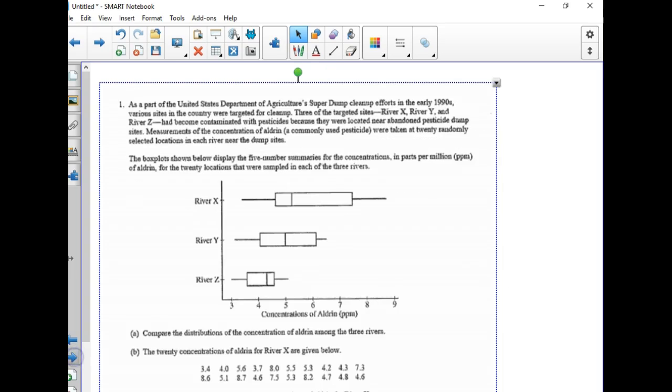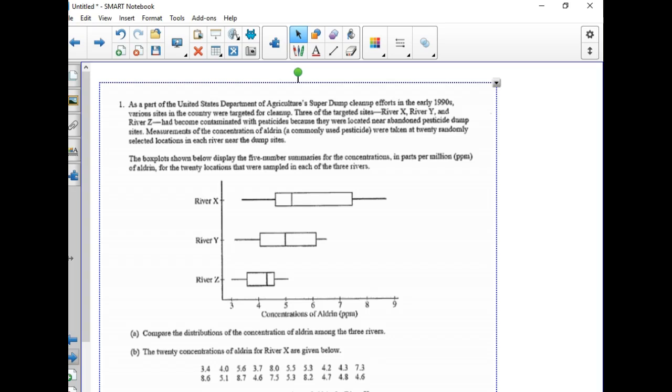Okay. So number one, it says, as part of the United States Department of Agriculture Superfund cleanup efforts in the early 1990s, various sites in the country were targeted for cleanup. Three of the targeted sites, River X, River Y, and River Z, had become contaminated with pesticides because they were located near abandoned pesticide dump sites.